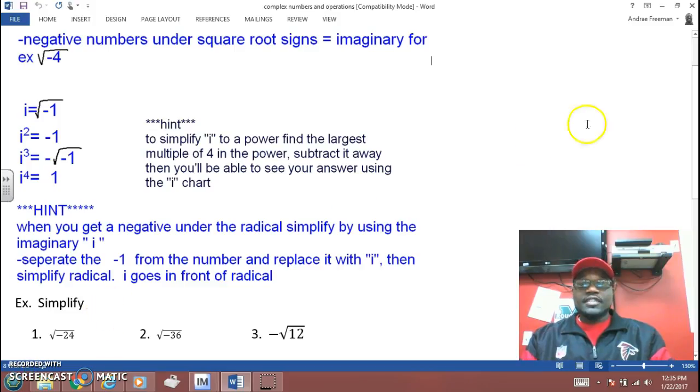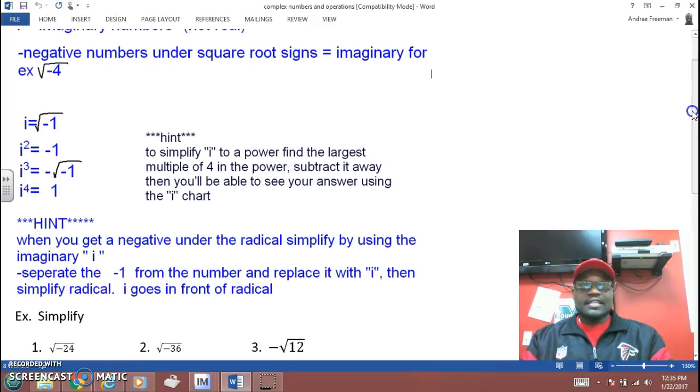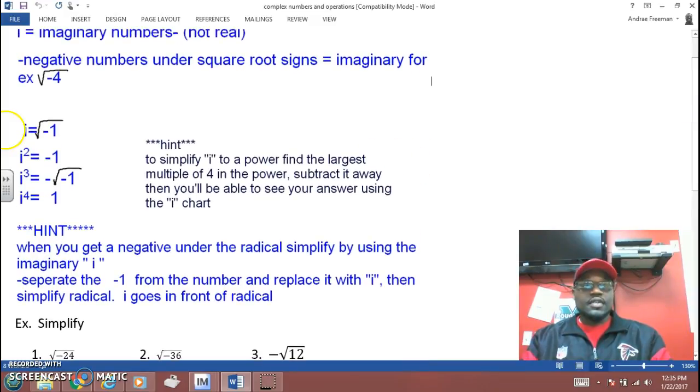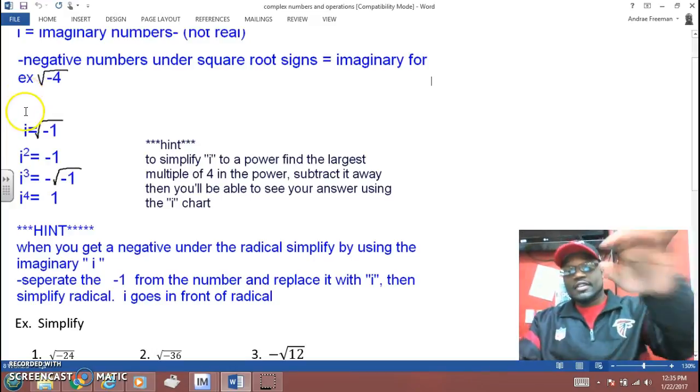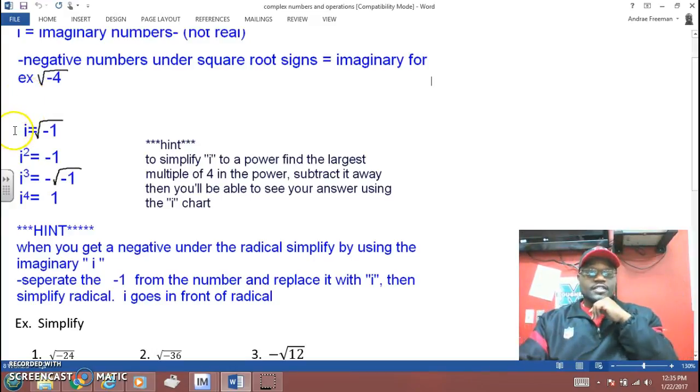The next thing we really need to focus on after simplifying radicals, or square roots, is this section right here. I call this my i chart. I don't know if it has a real name, but I call it my i chart. Notice that this is i to the first, i squared, i cubed, and i to the 4th power.